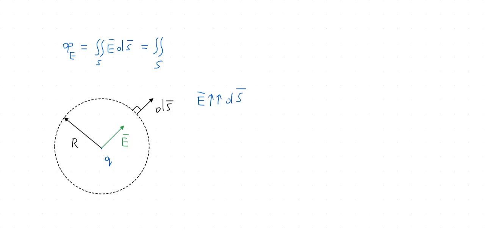It means that the scalar product, or dot product, of vectors E and ds is equal to the absolute value of the electric field intensity multiplied by the absolute value of the element of surface area multiplied by cosine 0.